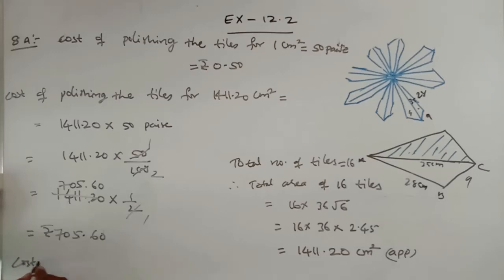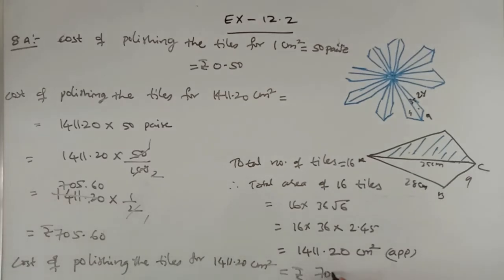So cost of polishing the tiles for 1411.20 square centimeters is equal to rupees 705.6. This is the answer.